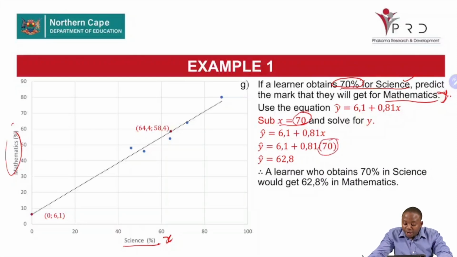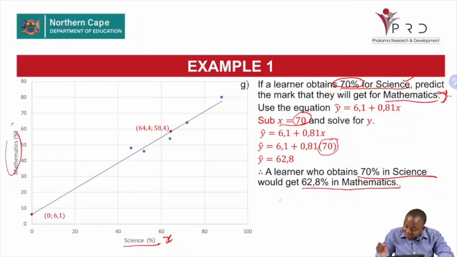Then y is equal to 6,1 plus 0,81 times 70. Then y is equal to 62,8. Then we interpret the result. So for a learner who obtains 70% in science, we can predict that they might get 62,8% in mathematics.